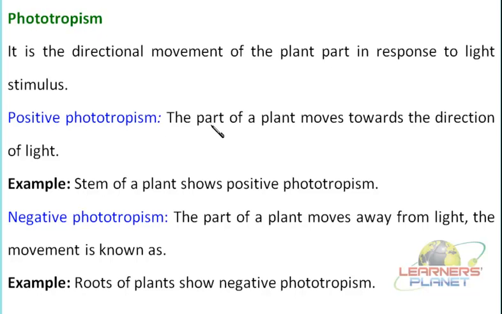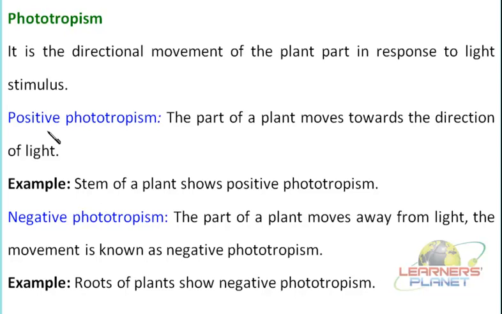If the part of the plant moves towards the direction of the light, then it would be known as positive phototropism. Whereas if it is growing away from the light, then it would be known as negative phototropism.